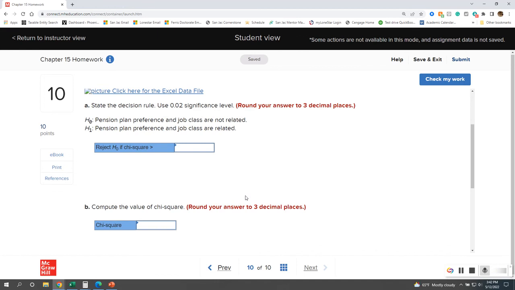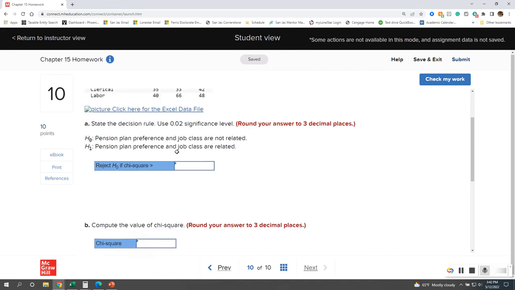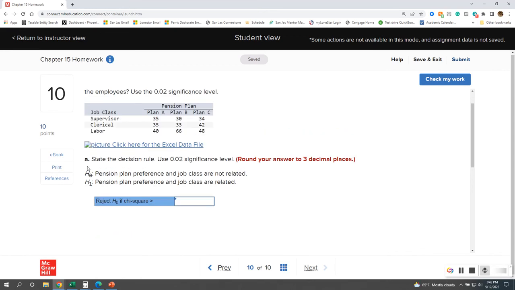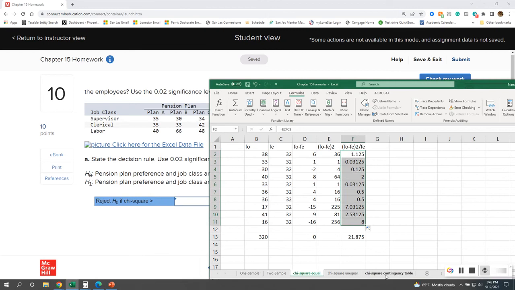So, we're going to reject each null. So see, we're at the 0.02, and we have 3, so 3 minus 1 is 2. But is that truly our degree? No. Unfortunately, it's not. I wish it was that easy.